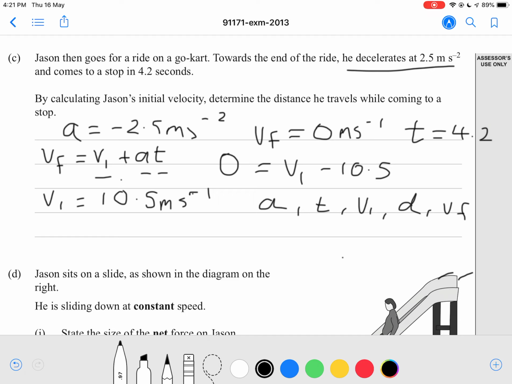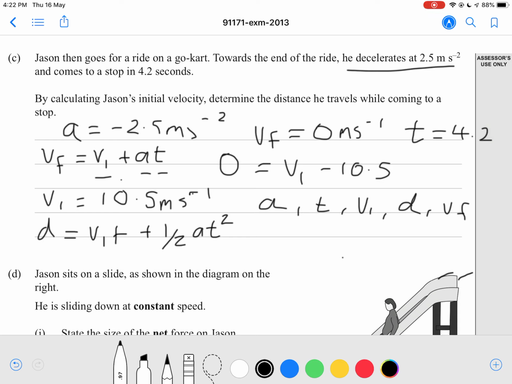So we'll say d equals initial velocity multiplied by time plus half at squared. Then we're just going to substitute our numbers. We know VI is 10.5, we know time is 4.2, and we know that acceleration is negative 2.5.